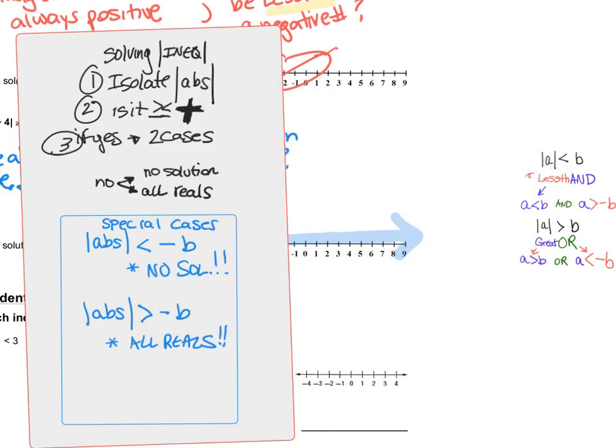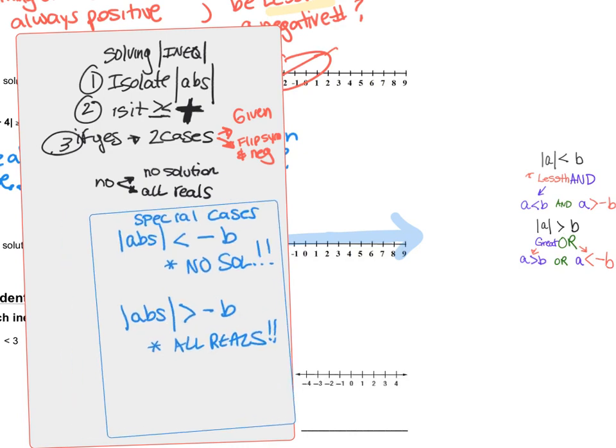So if we were to add our little steps into here, then we can say that in steps for solving inequality absolute values, first you isolate the absolute value, then you ask yourself, is it positive? If yes, set up the two cases, which means case one is the given statement, and case two is flip the symbol and negate. And if the answer to is it positive happens to be no, then you go to your special cases.